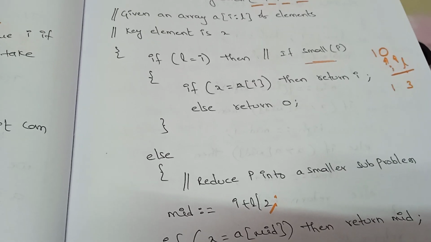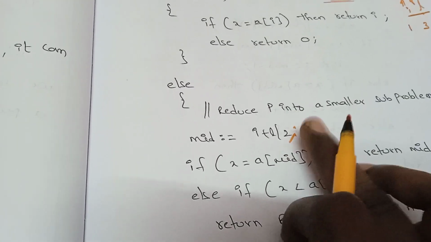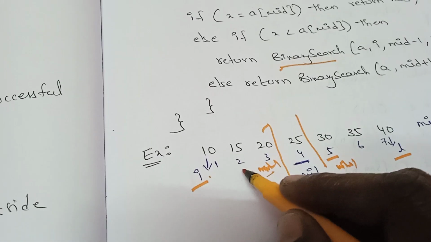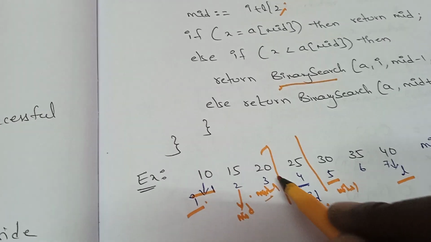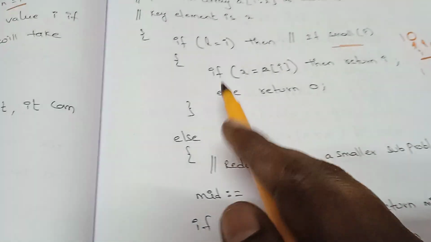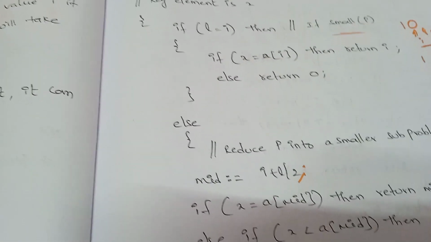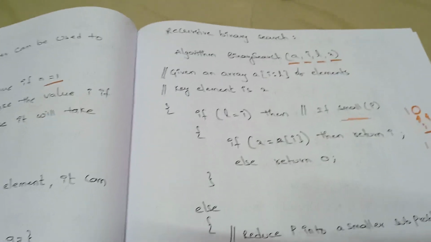So 1 double equal to 3, condition fails, and we come to this. 1 plus 3 by 2, 4 by 2 means 2. Now this 2 will be your middle position element. This will be middle minus 1, this will be middle plus 1. Until you find L equal to I, you will be repeating this condition. So this is recursive, and we'll see iterative next.